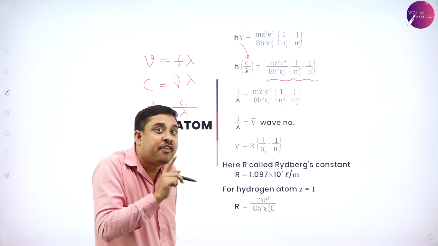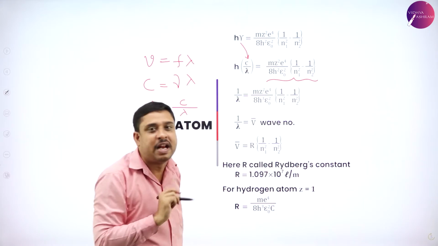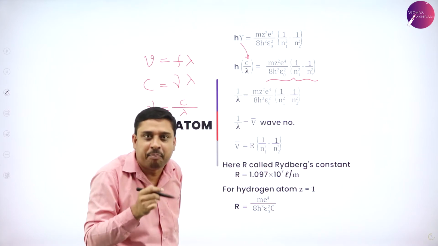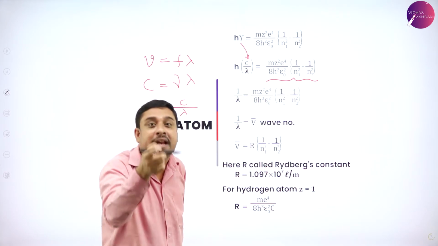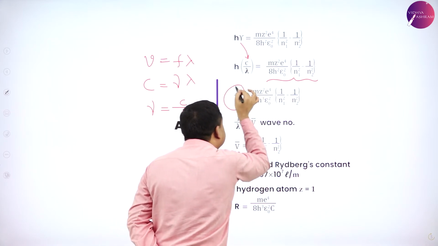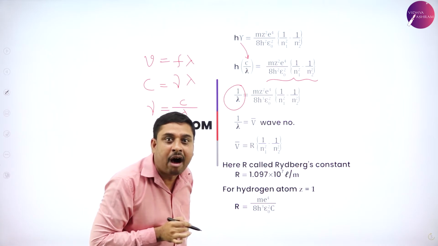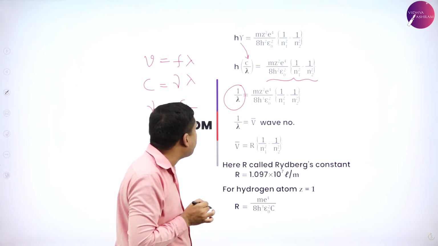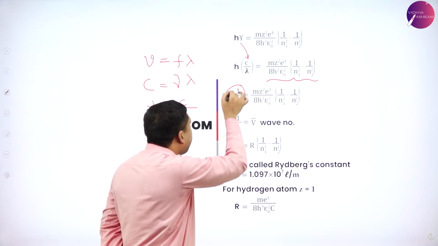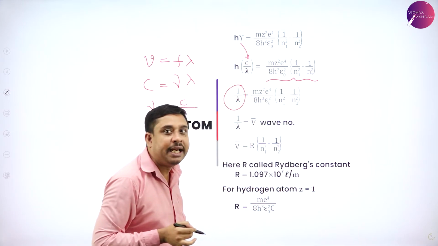I am defining the reciprocal of wavelength as wave number. So I want the reciprocal of wavelength. I just keep 1 divided by lambda, the reciprocal of wavelength, and take h and c to the denominators.